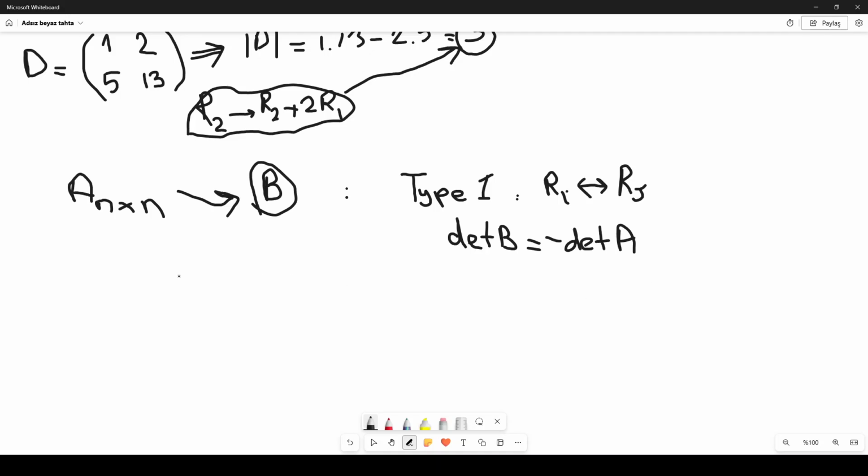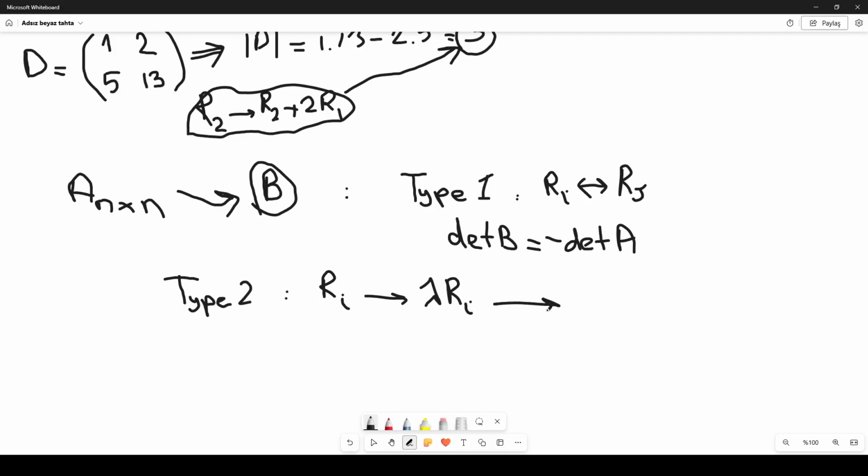Alright, and we have the type 2 operation. Type 2 is, as we all know, replacing row Ri by row Ri multiplied by some scalar, namely lambda, where lambda is any real value. What is the effect?